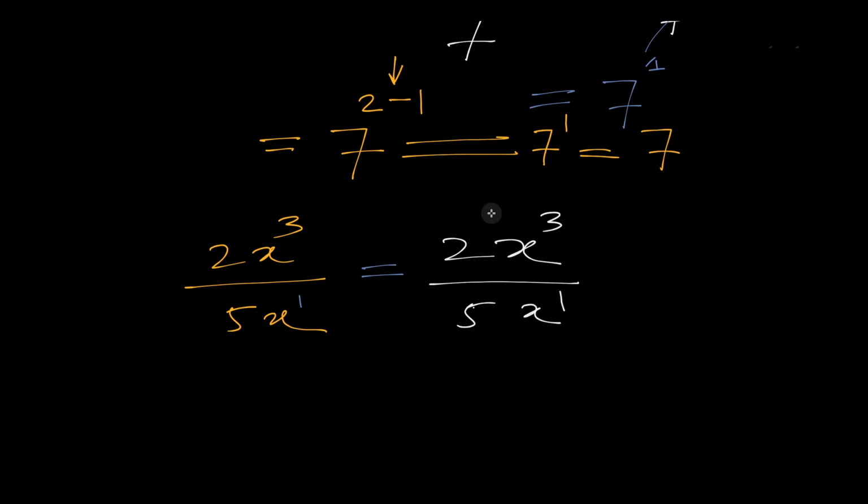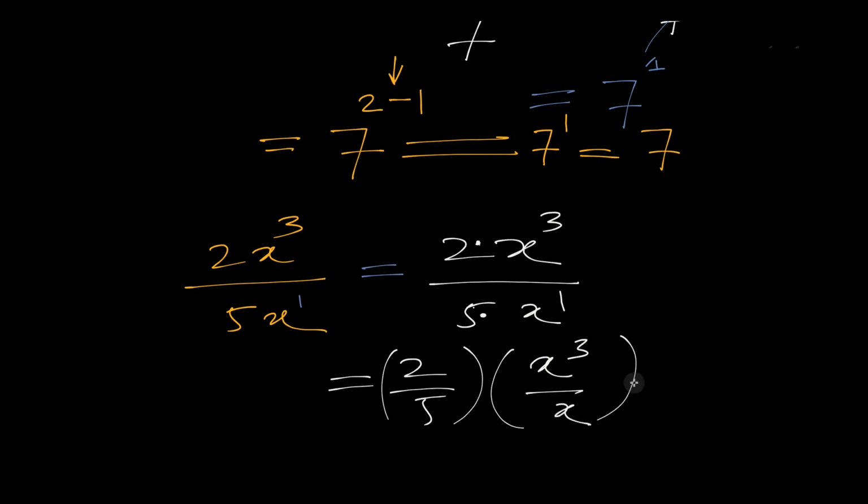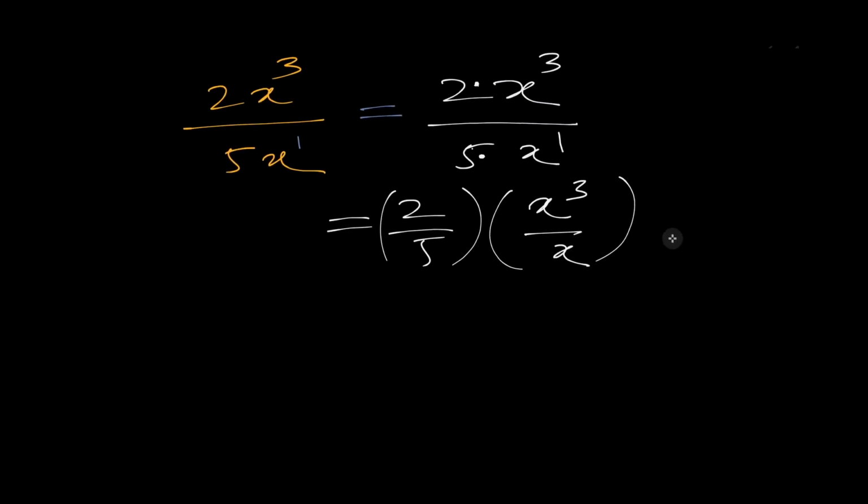All these are products: 2 into x cube, and 5 into x. So I can say instead of 2 x cube, we can say 2 divided by 5, and I'm multiplying x cube divided by x. Yes, we can represent it in this form also.